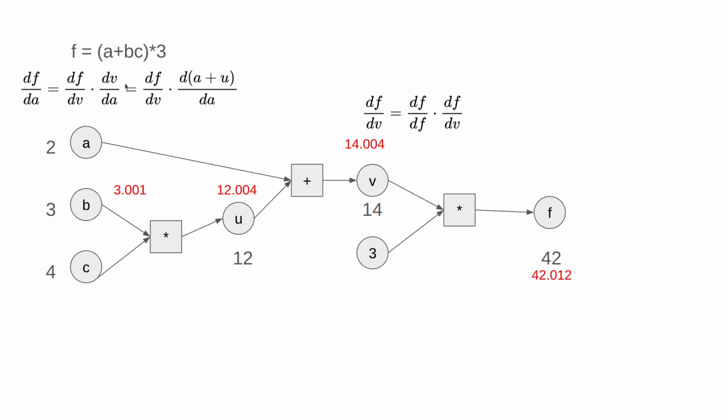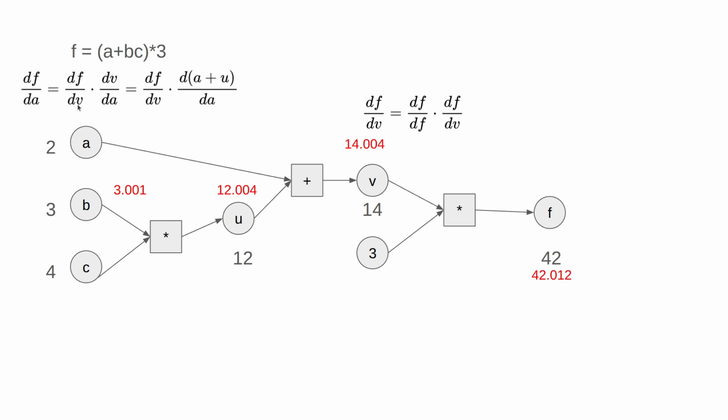For example, for df over dA here, A is the input of the add function, and v is the output of the add function, so we can insert v into the gradient. The df over dA will become df over dv times dv over dA. So this time it's not trivial.